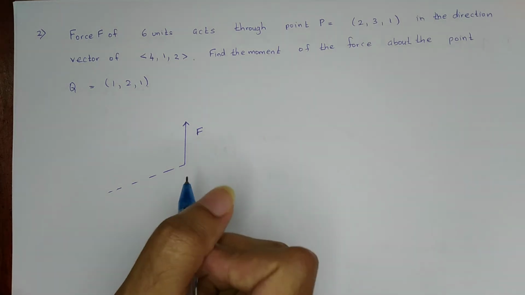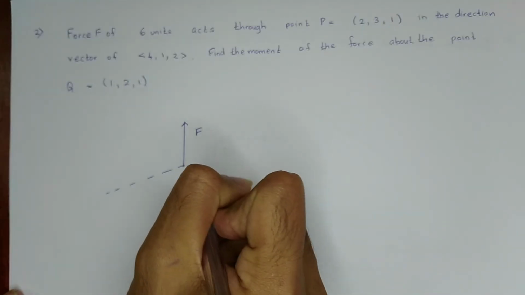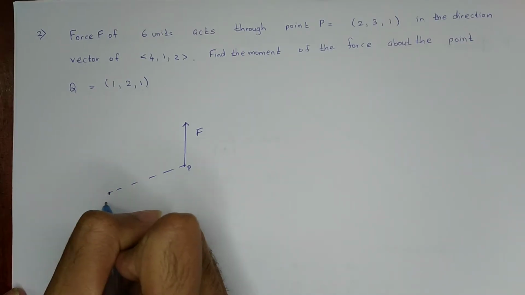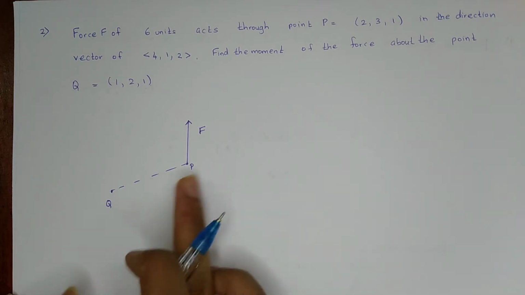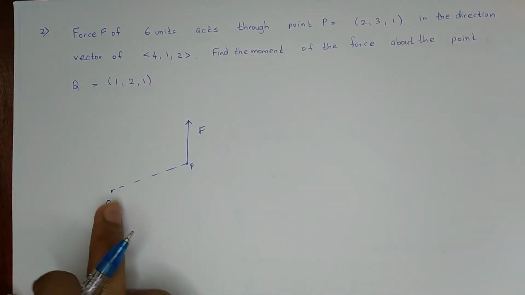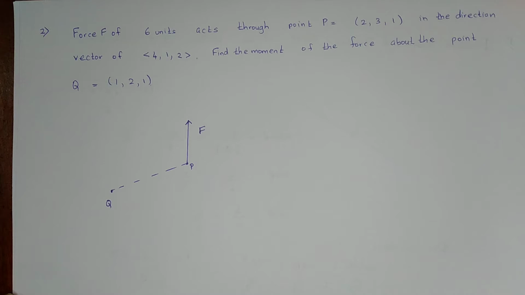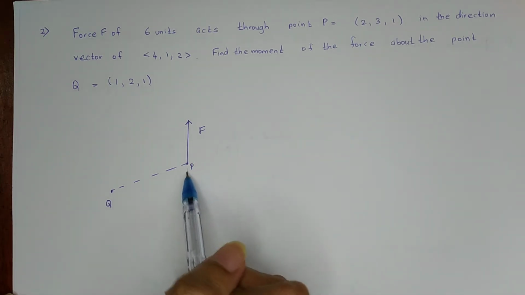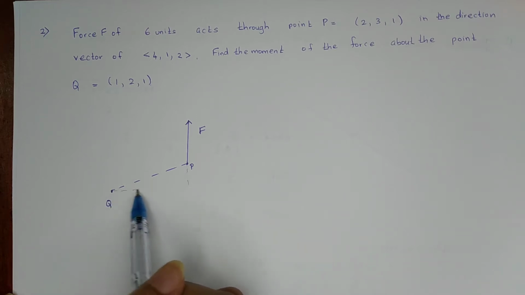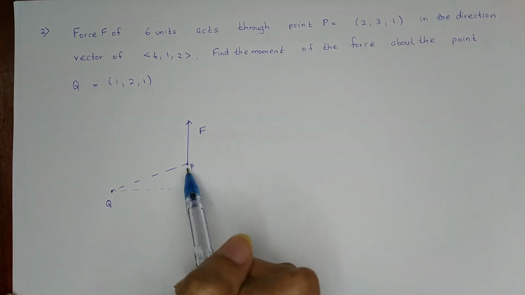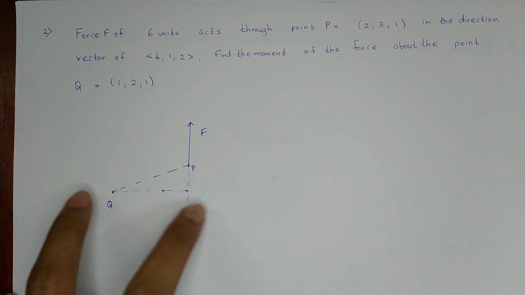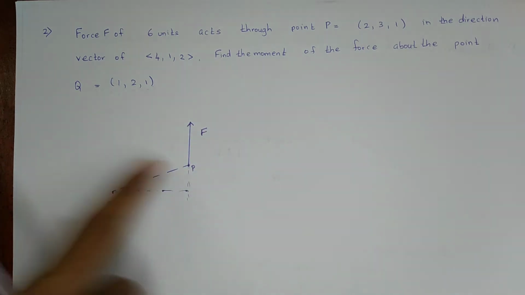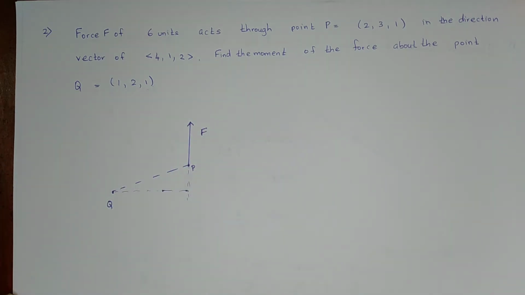Here I'm going to mark this point as P and this one as Q. Let's say I'm going to find the moment of this force F with respect to the point Q. For that, we need to find the perpendicular distance, which means I need to draw the perpendicular line from Q to the force. After that, I can multiply this length by the force magnitude. If I do that, I will get the answer.